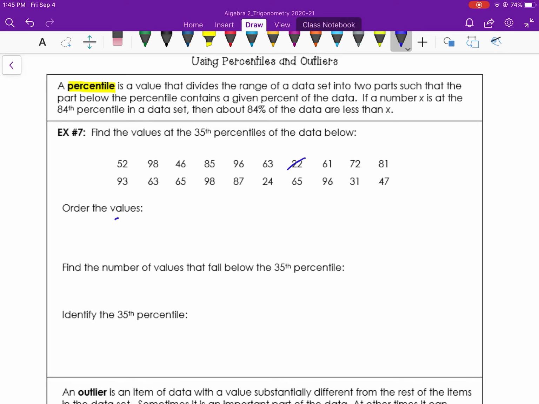So our first one's 22. Then we have 24. And we have, this is the longest part, is organizing your data, 31.